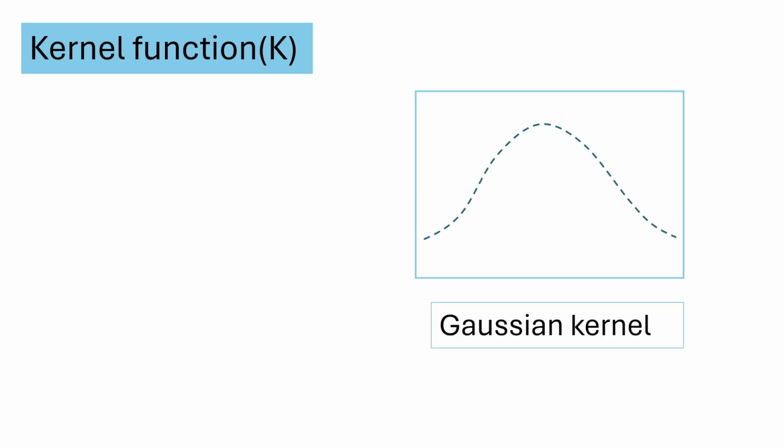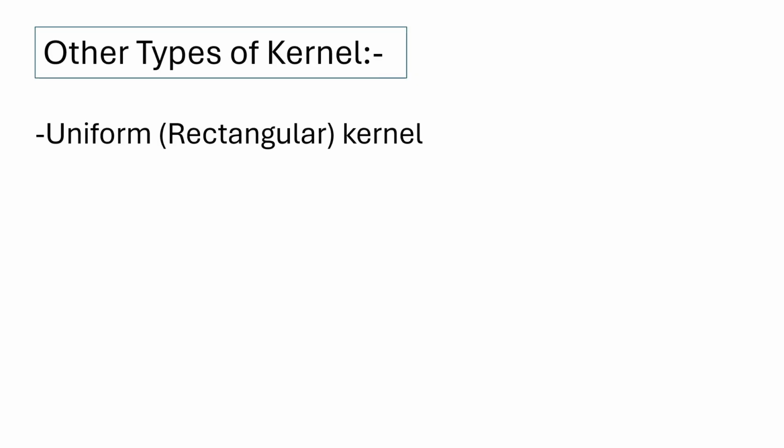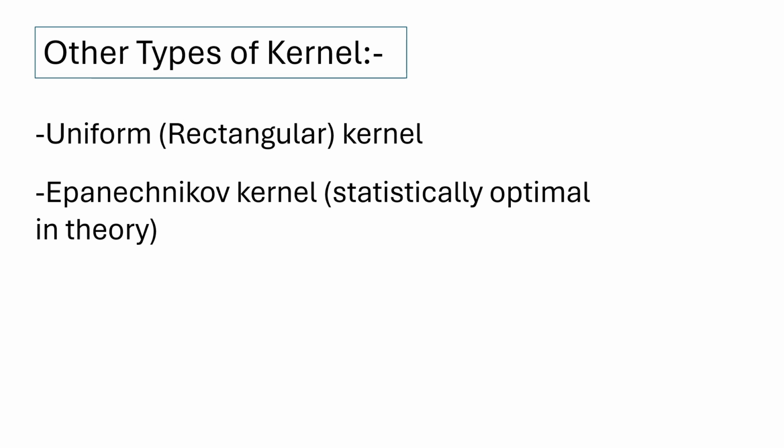In most cases we are going to use a Gaussian kernel, which is like a bell curve. This is the formula of the Gaussian kernel. Other types of kernels are the uniform kernel, then the Epanechnikov kernel, then the triangular kernel, etc. So keep this in mind: the choice of kernel matters less than bandwidth.